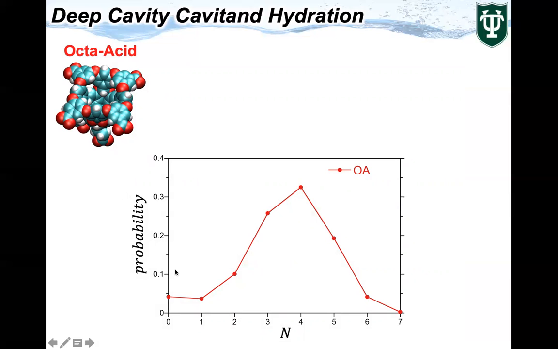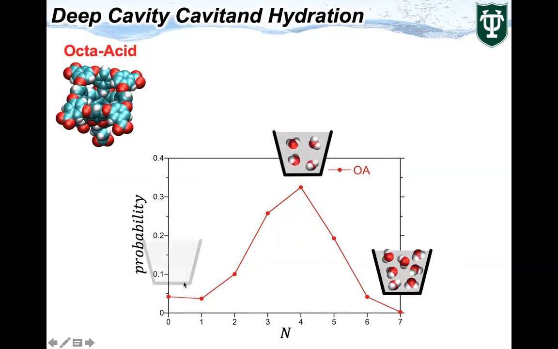Over the course of our simulations, we see the occupation number fluctuate over time, centered around an average occupation number of 1. And so about 1 water on average will want to reside inside this pocket, and it is wet.